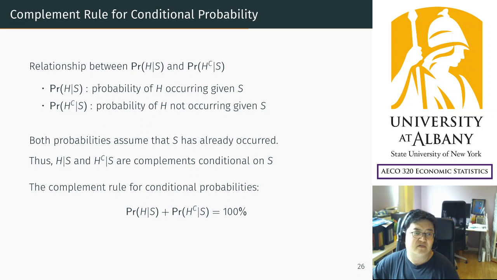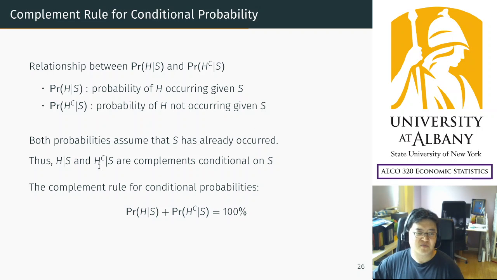So it's the probability of H occurring given S, and the probability of H not occurring given S. As long as the condition is the same, in the end H either happens or not. So the sum of these two probabilities must be 100% because H always either happens or not. There are only two options, and that's the idea.